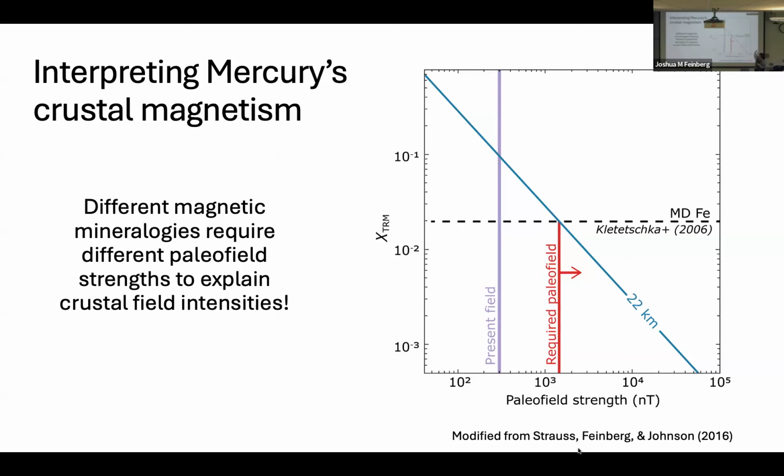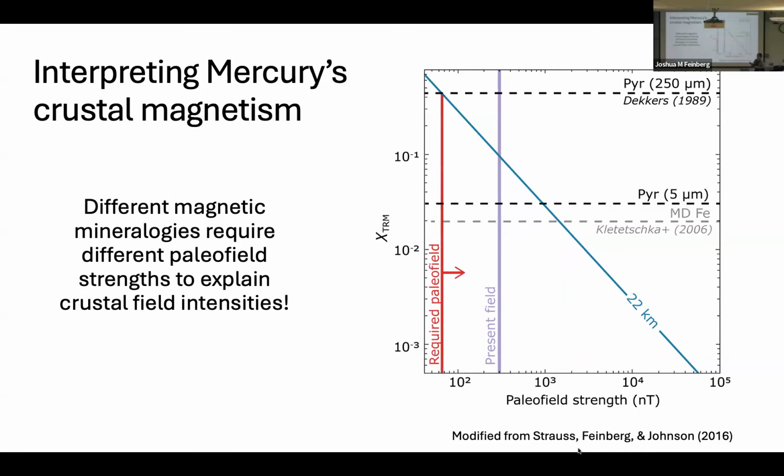That depends both on fundamental properties of iron and also on how much iron you would be able to produce with the available iron atoms in Mercury's crust, since it's relatively iron depleted. If that's the main magnetic carrier, you actually require a much stronger field in the past on Mercury than what we see today, about 10 times stronger.